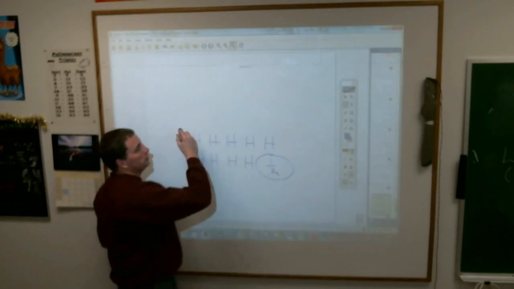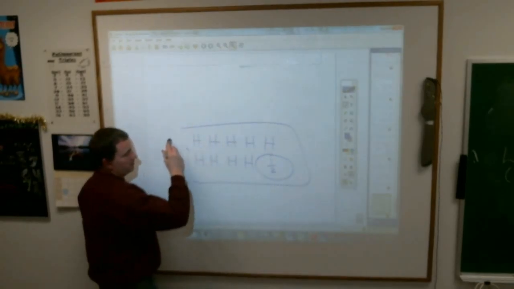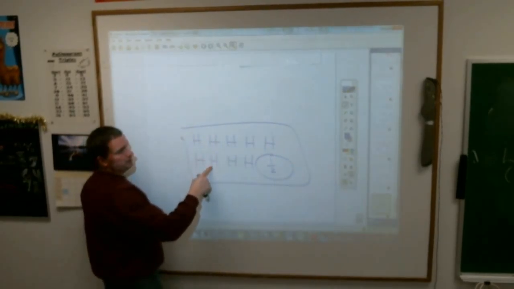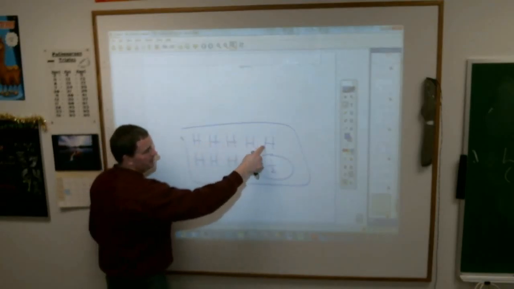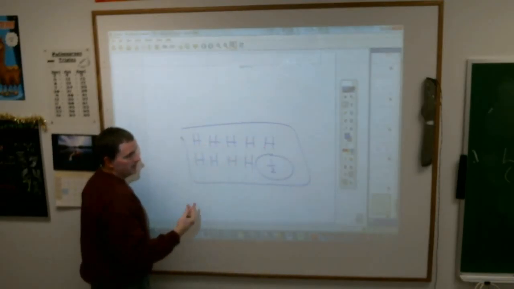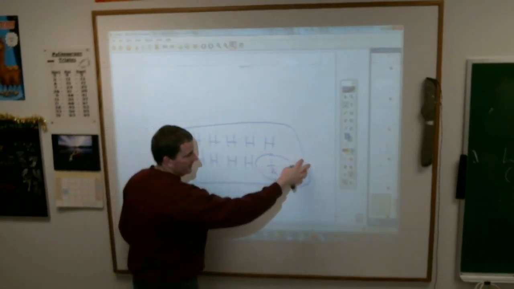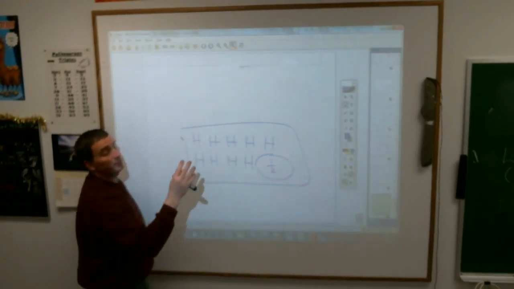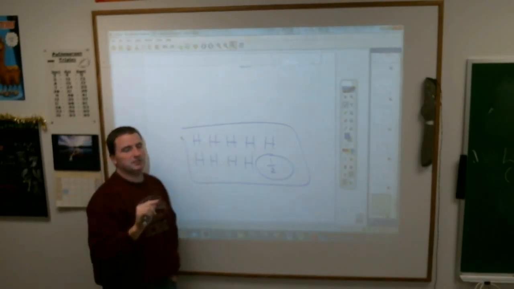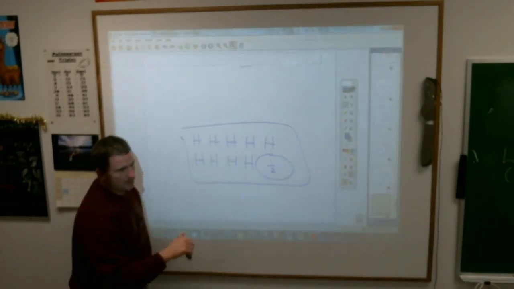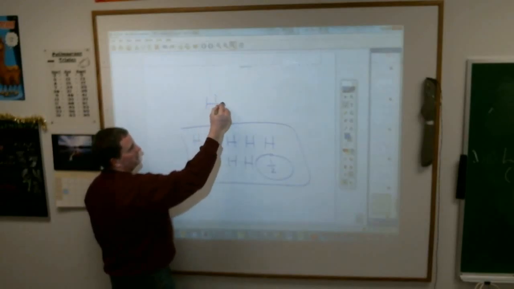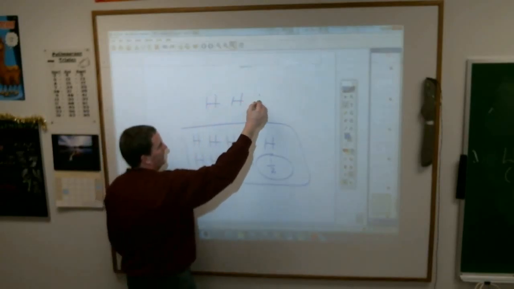Now, if I asked you globally, what's the probability that he's going to flip heads this many times in a row, then that's a different probability. But every one is 1/2. By the way, the probability of him flipping 3 heads in a row, does anybody know what that is?